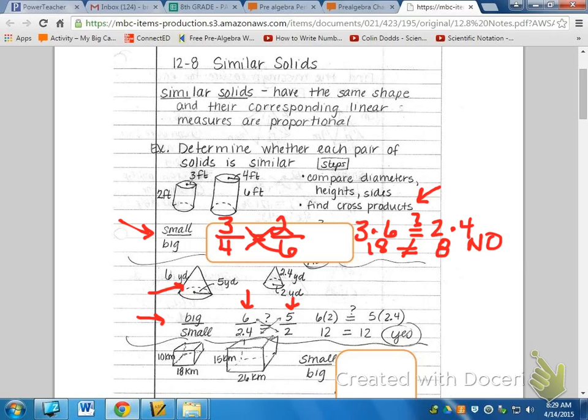Once I got that proportion written, I did my cross products and took 6 times 2, and I had to check to see whether it equaled 5 times 2.4. And it turns out those both equal 12, so since they are equal, you answer yes, they are similar.